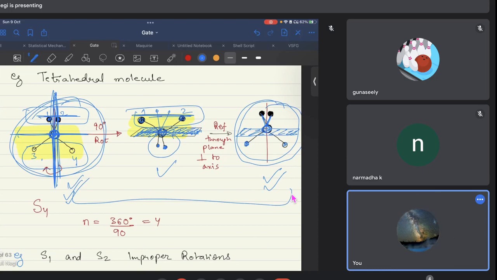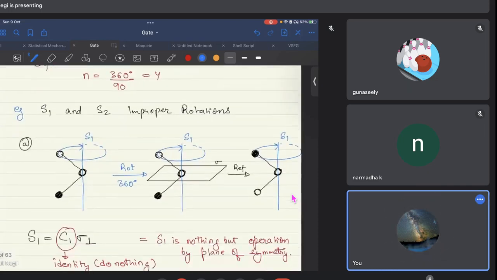Okay, so this S1 and S2 are again two improper rotations, and yes, so this is a molecule, say H2O. Just imagine it is an H2O molecule. I have just colored this one as black, or I can simply tag it.